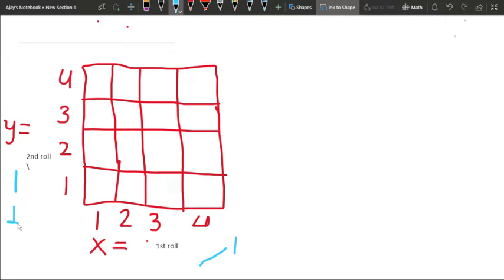If the first roll is a 2 and the second is a 3, then this particular outcome occurs.